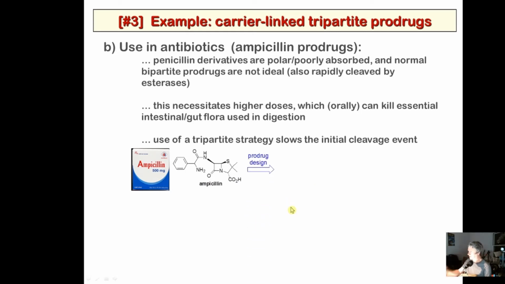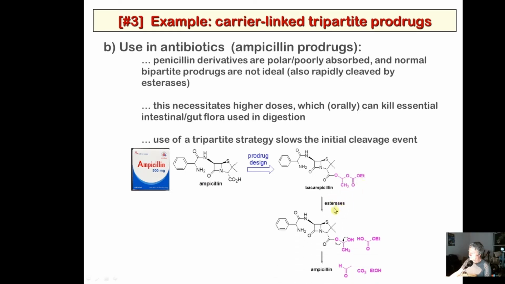So one of the prodrug strategies is like this. So we have the amine remains just like a normal amine, an NH2 group. So here now you can see the tripartite prodrug strategy. This isn't formaldehyde when it gets cleaved, it's acetaldehyde. It's going to cleave to a 2-carbon aldehyde, then you have an ethyl ester. Okay, and so esterases will cleave this, but it usually does it a little slower than if you don't have the middle piece.